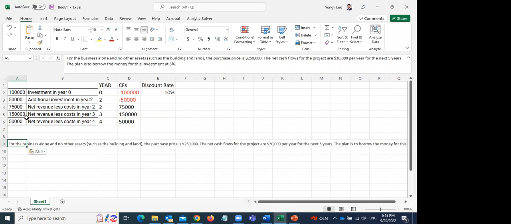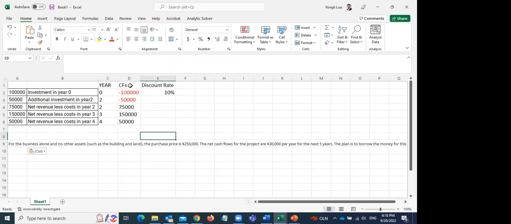If I ask you what it is going to look like in this format, year, cash flow, and discount rate, how is that going to look? This is year 0, and then what is this cell?